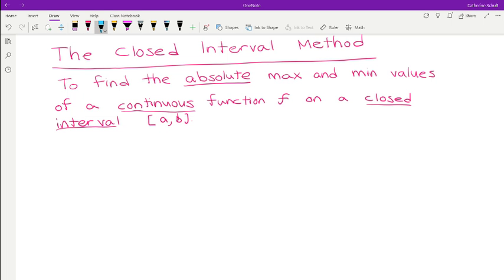So to find them, first, let's find the values of the critical numbers. And then once we have the critical numbers, when I say value, it's the value on the function f. Values of f, I should say, at the critical numbers.